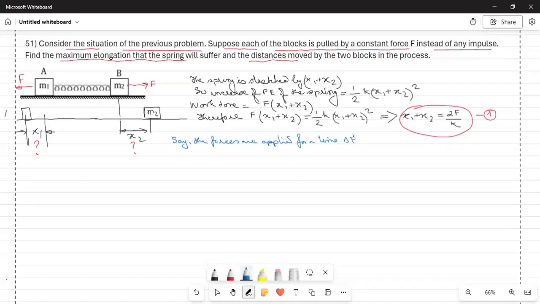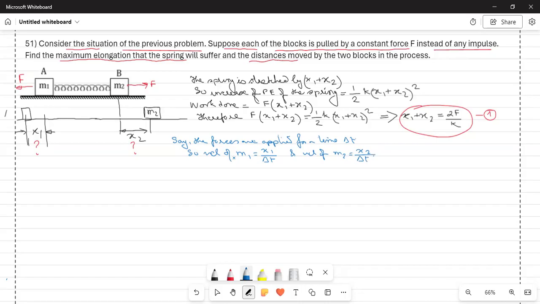Then what is the velocity of m1? So the velocity of m1 is equal to x1 by del t, and the velocity of m2 is equal to x2 by del t.